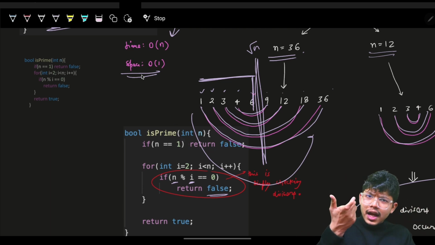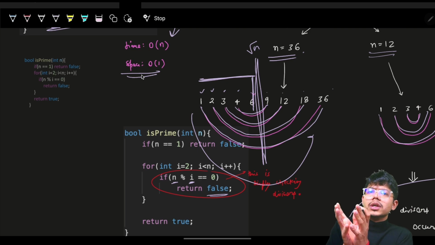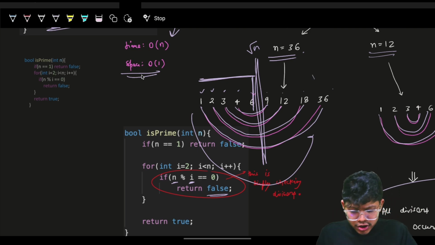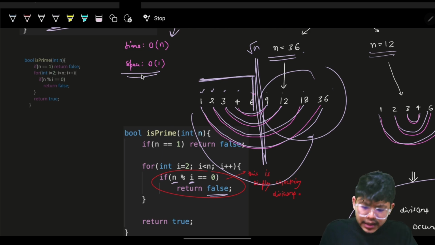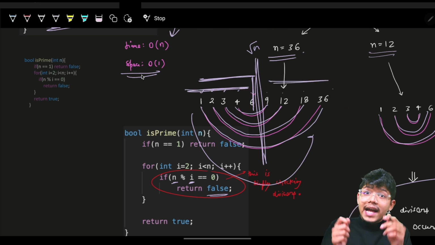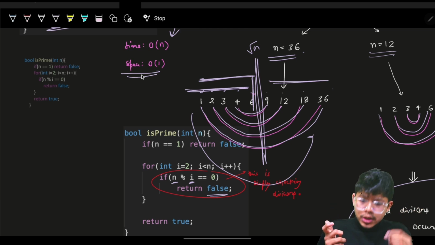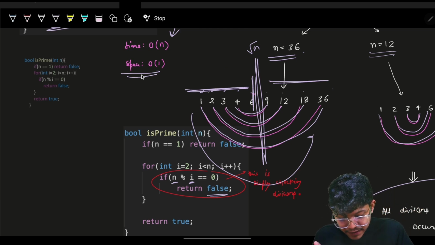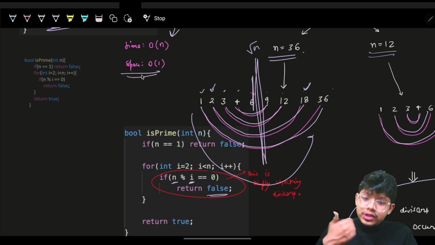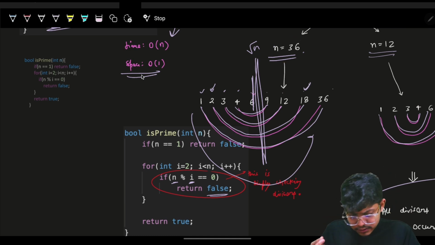If I find something which divides, then for sure the other would have done the exact same thing. So you can see the divisors in the left and right are complements of each other. If, let's say, 2 divides something, then for sure 18 will also divide my 36. So I only need to check if 2 divides or not.